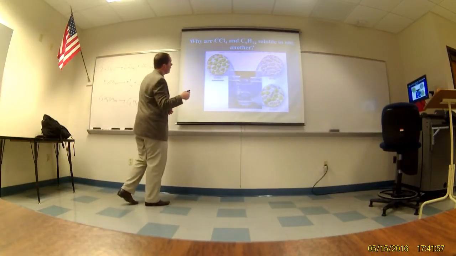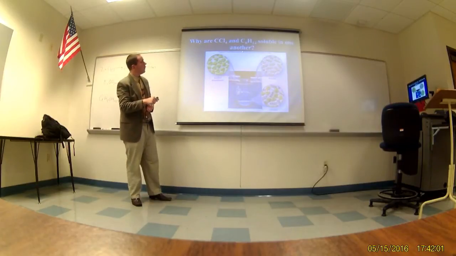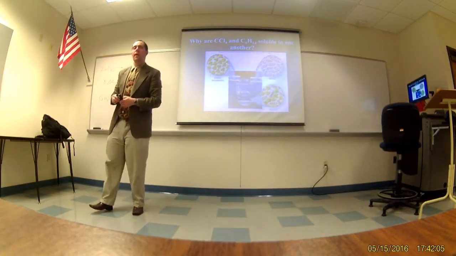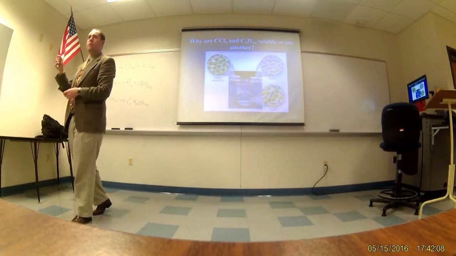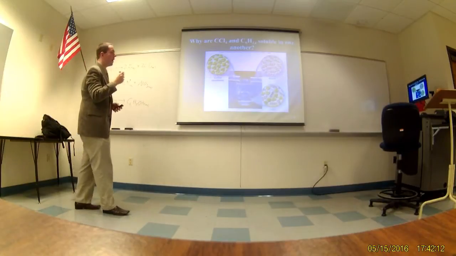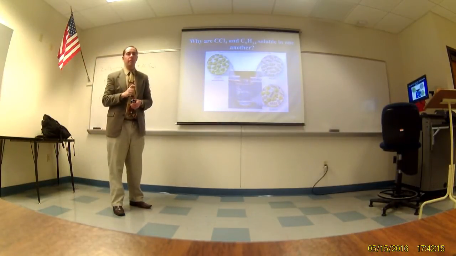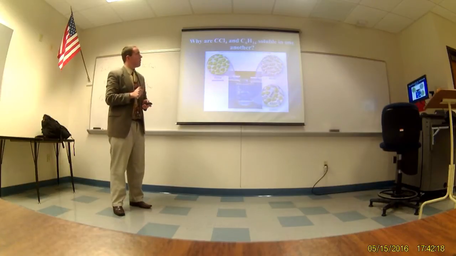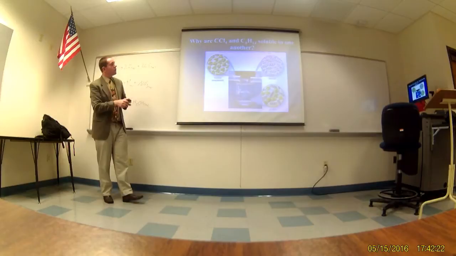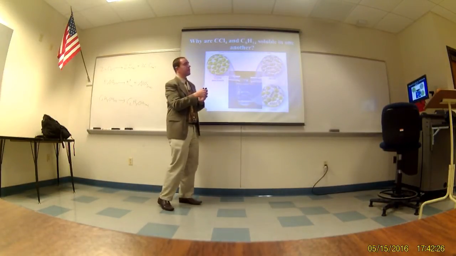Why, then, are CCl4 and C6H14 soluble in each other? What can you say about the polarity of those two molecules that makes them soluble in each other? Why do they dissolve in each other? Those are polar. They're both non-polar. So this one is, hopefully by now, a little more obvious that it's non-polar.